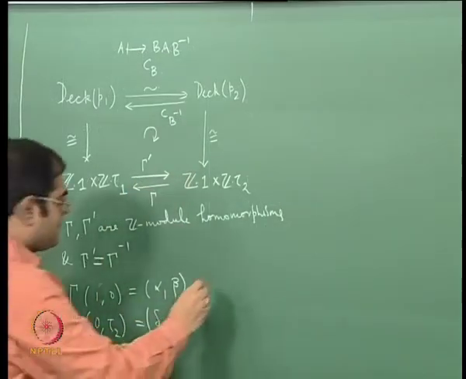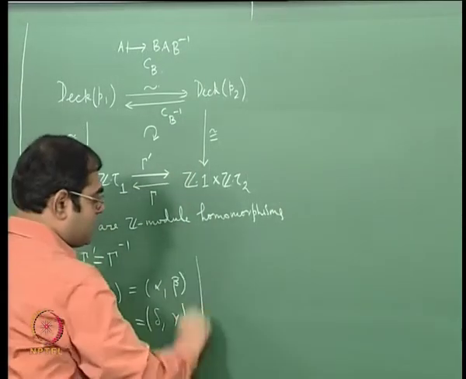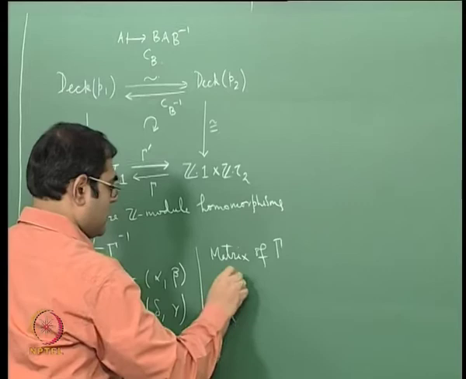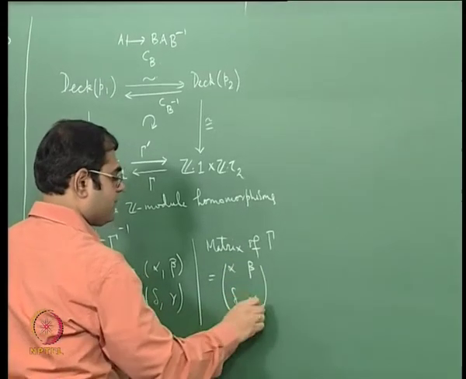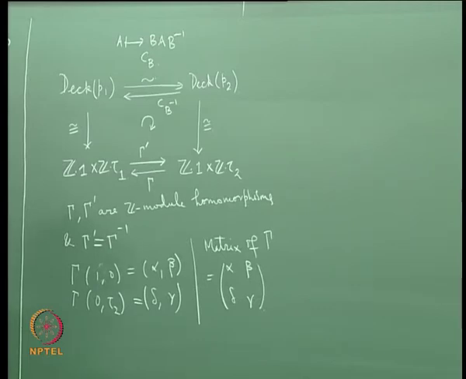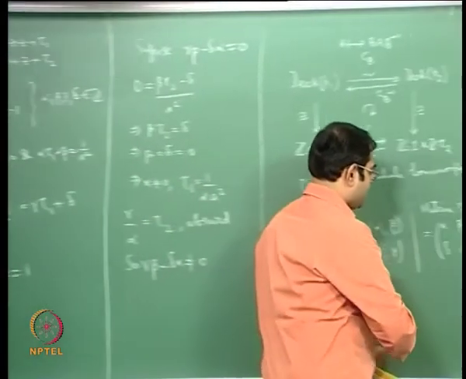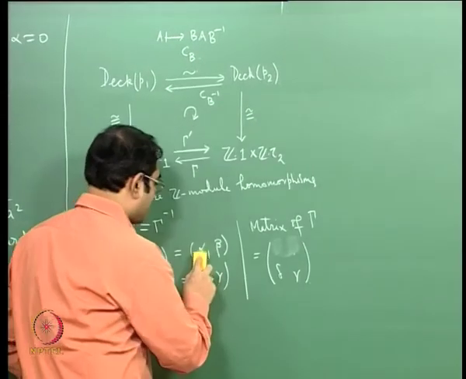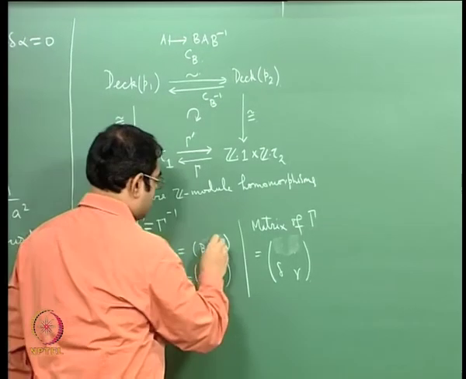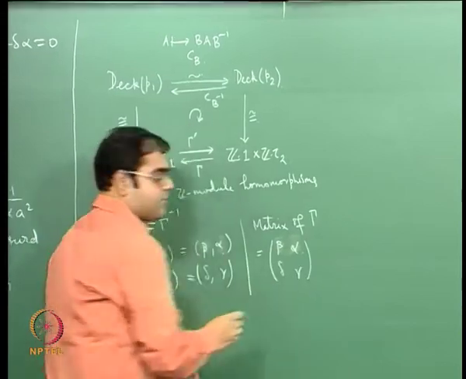And you see, this tells you that the matrix of gamma is alpha beta delta gamma, okay, and I think I am not writing it correctly, so it is alpha times, wait a minute, alpha is a quotient of tau 1, so beta alpha, I should write it here also correctly, it is beta times 1 plus alpha times tau, so it is beta alpha, okay, this is the matrix of tau.